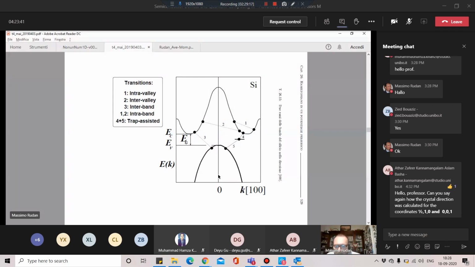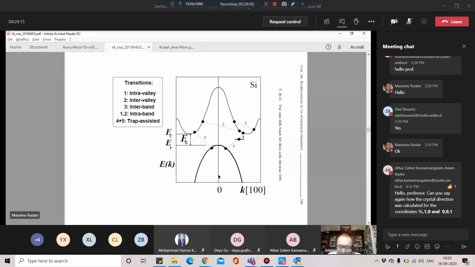Which is somehow dangerous because one may think that then in order to describe the dynamics of the electrons, we should describe infinite bands, which is not very convenient, because actually there are infinite bands. Fortunately, it is not so.